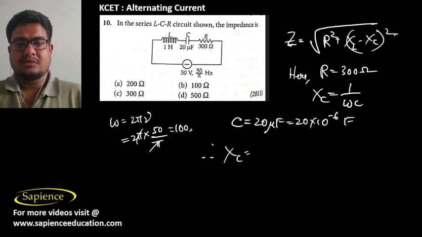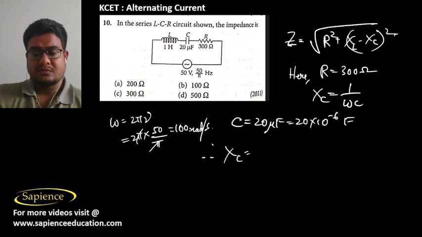It's 100 radian per second. So this is the angular frequency of the AC voltage source.